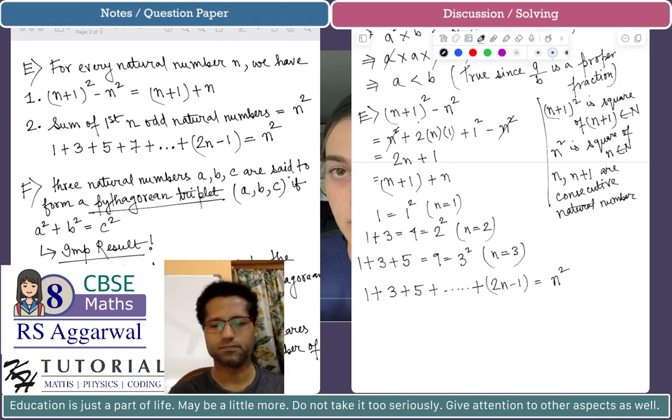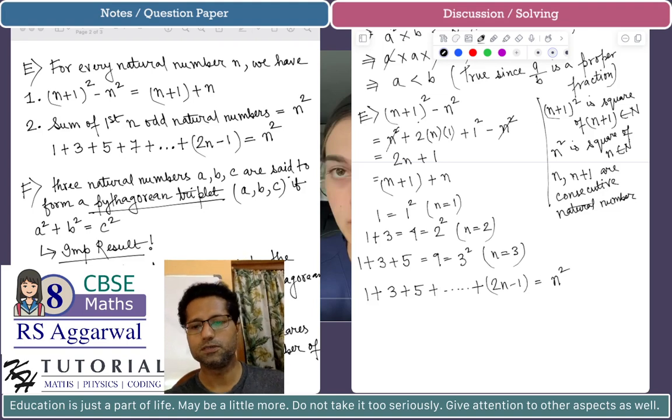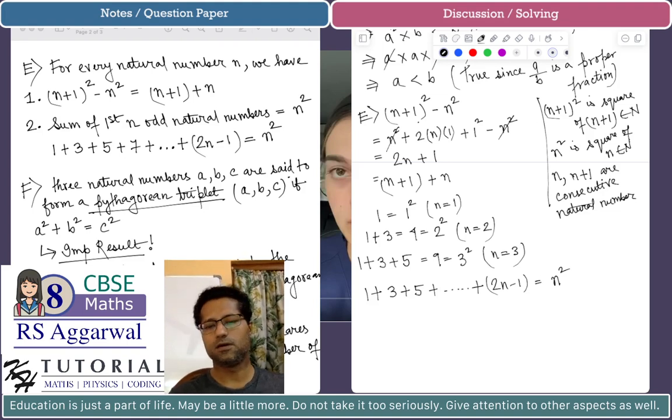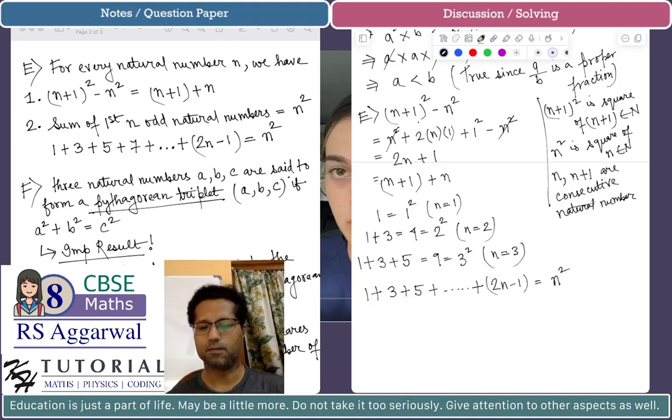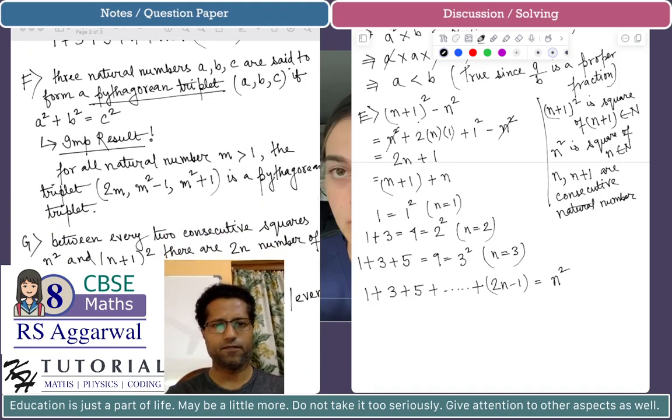This is a property. So this last one is the sum of the first n odd natural numbers, n square. Okay. Now property F is about a Pythagorean triplet. Property F is Pythagorean triplet. Now what is a Pythagorean triplet?